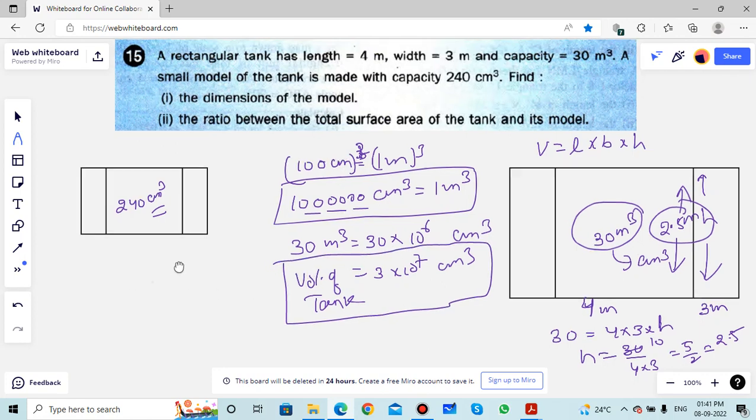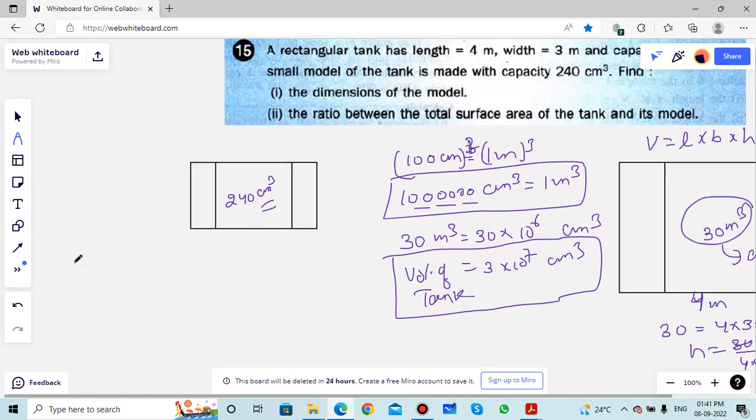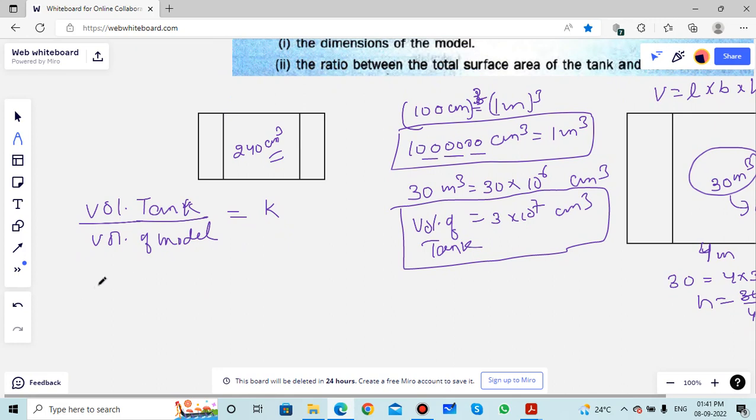Now, so we know that the volume of tank upon volume of model is the K factor, right? So calculate that. I'm writing K first. Volume of tank is how much?